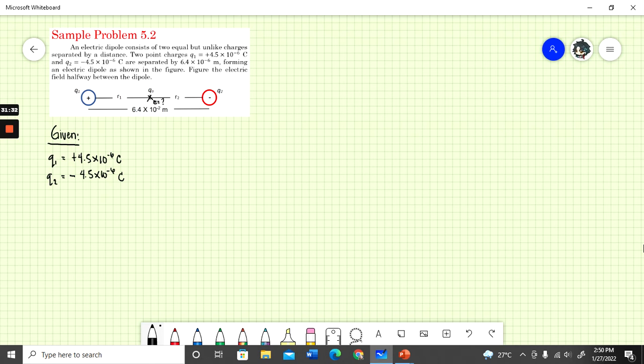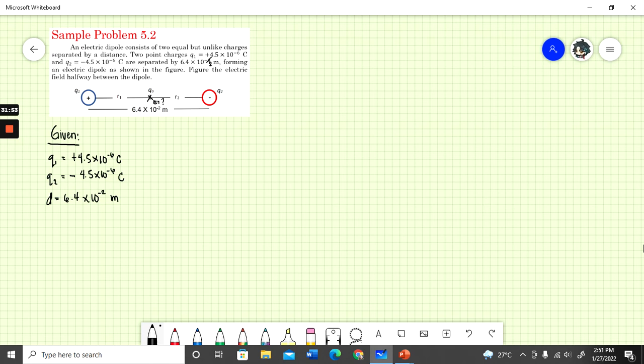And they gave us the distance between the two. The distance between the two is 6.4 times 10 raised to negative 2. Let me confirm that. Yeah, this should not be negative 6. This is just negative 2. Okay, so negative 2 meters.